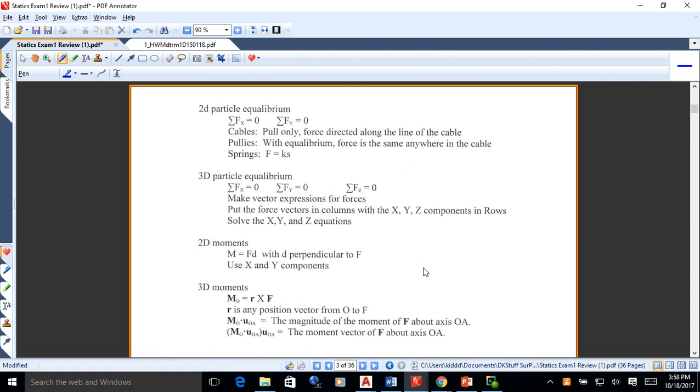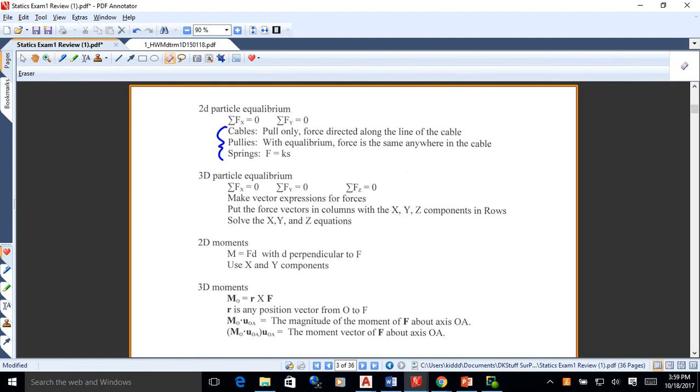Then we did 2D particle equilibrium. Sum of Fx is 0, sum of Fy is 0, and then we handled these special force cases: cables, pulleys, and springs. Then we did 3D particle equilibrium, where we used more of a vector approach, found a vector expression for each force, put those forces in columns, and then used the rows as equations.